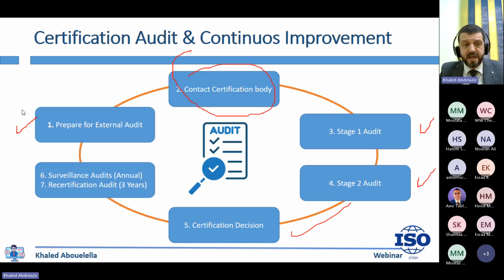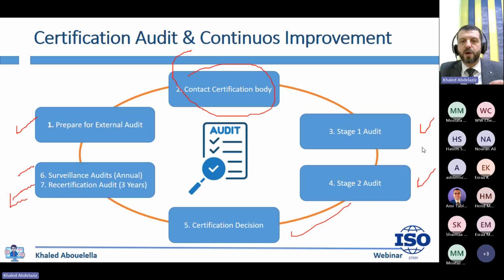Also, there is another type of audit, which is the surveillance audit. The surveillance audit is an annual audit. After the certification audit, every year there is a surveillance audit. It's less extensive than the certification audit.